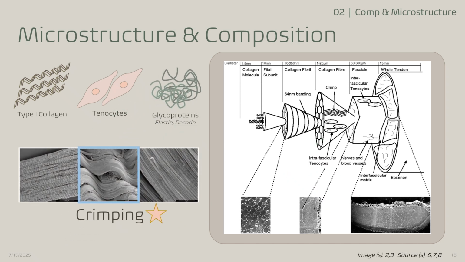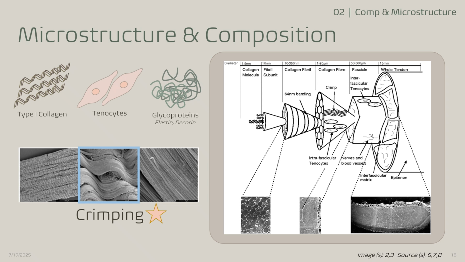The last and arguably most mechanically important element of the microstructure I want to highlight is the crimping of collagen fibers. This is a scanning electron microscope image of a pig's Achilles tendon. The scale bars from left to right are 500 micron, 30 micron, and 1 micron.